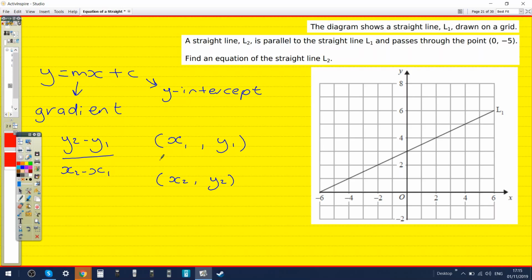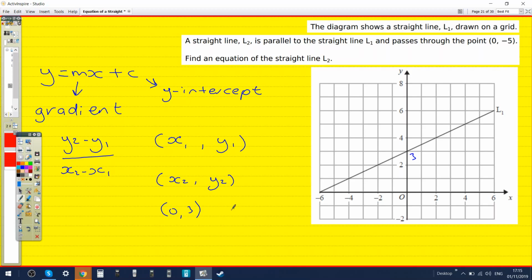So it crosses the y at 3. So just 2 coordinates that are on the line. So 0, 4, for example. 0, 4 is up here. That's not 0, 4, it's 0, 3. So 0, 3.